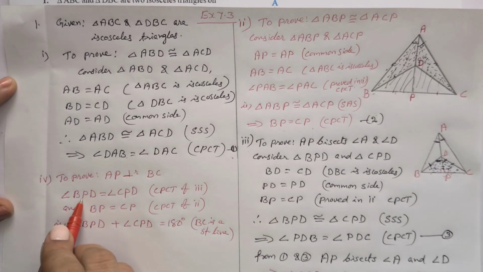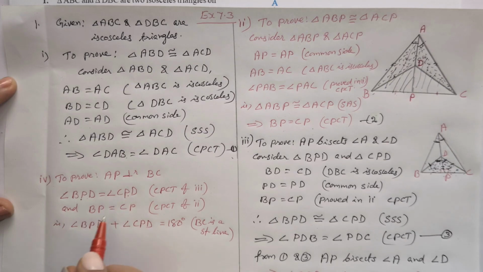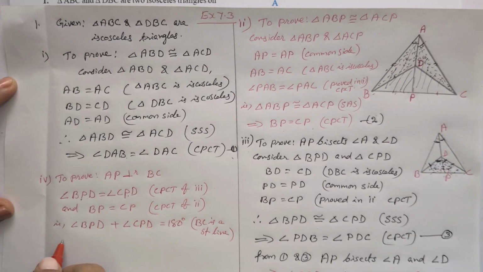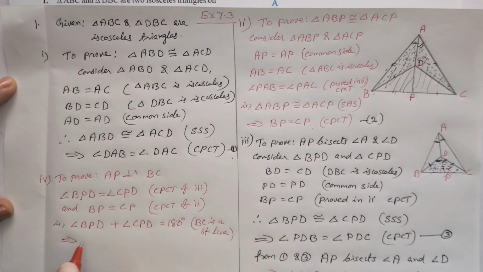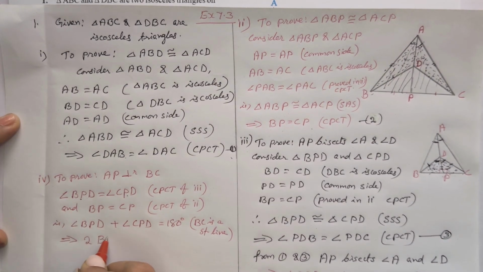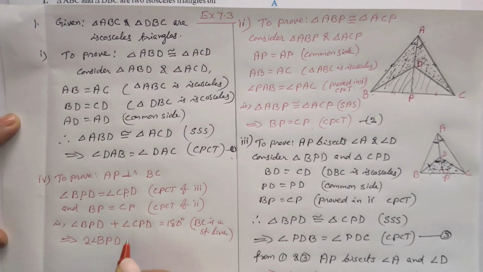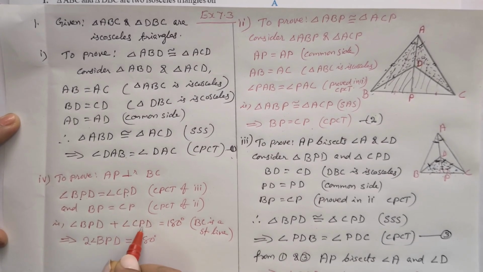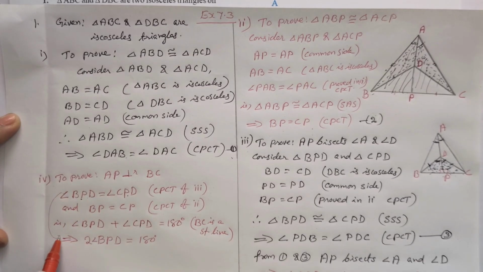Which means these two angles are equal. From that we can write, which implies 2 times angle BPD is equal to 180, because in place of angle CPD, we are replacing it by angle BPD, since BPD is equal to CPD.